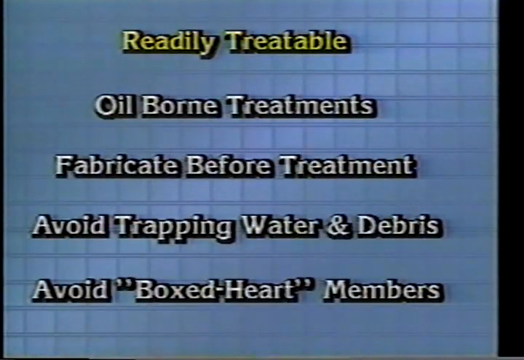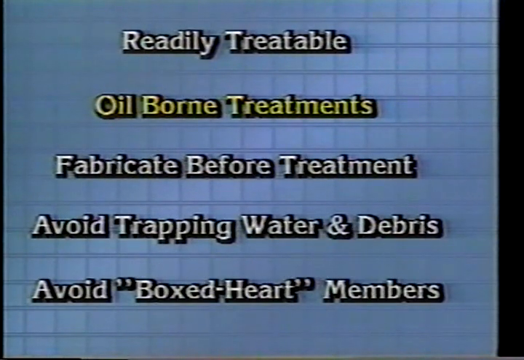Another area that can add to the lifespan of timber structures is attention to design details in the design phase of timber bridge construction. Some of the things that designers need to pay attention to are to use only wood species that are readily and effectively pressure treated.